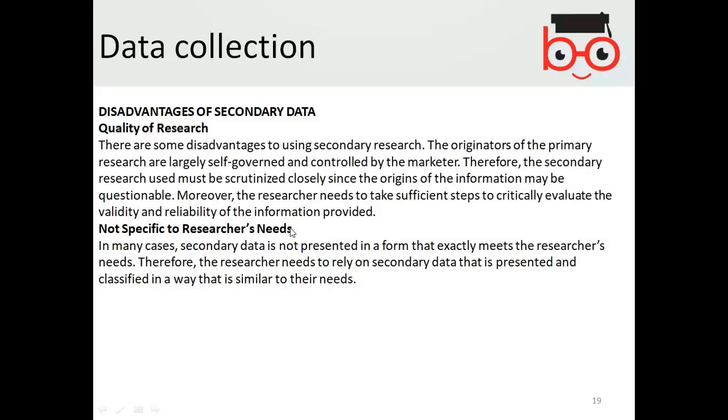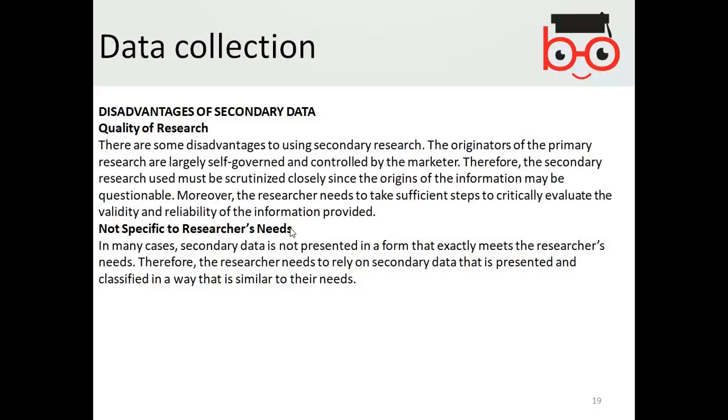Possibly, if you want to apply your research on a particular topic, and the topic that is available in the secondary data may not meet your needs, it could be difficult and a little bit not usable in order to relate with your topic, and it could have disadvantage.